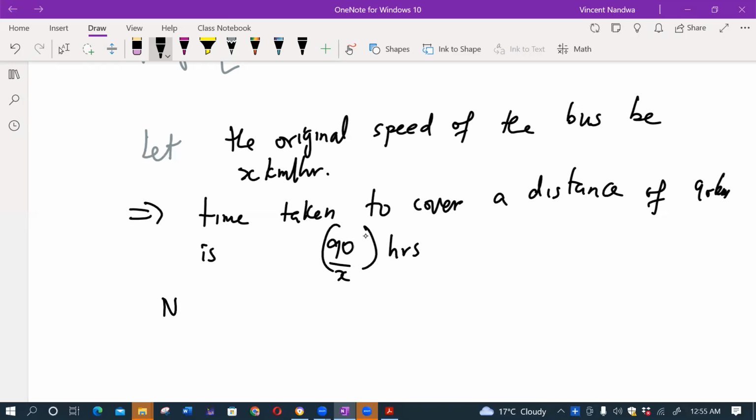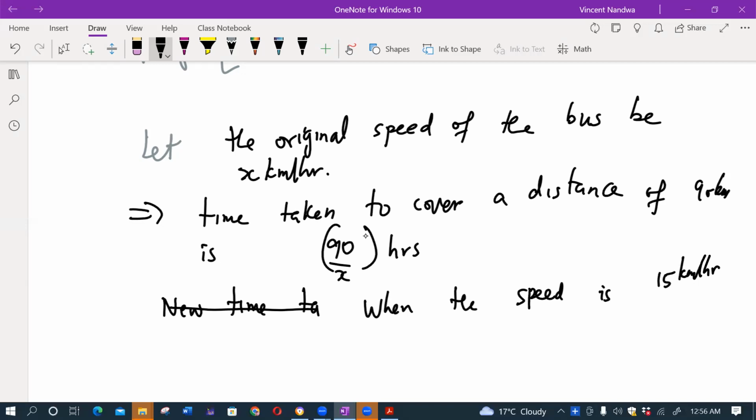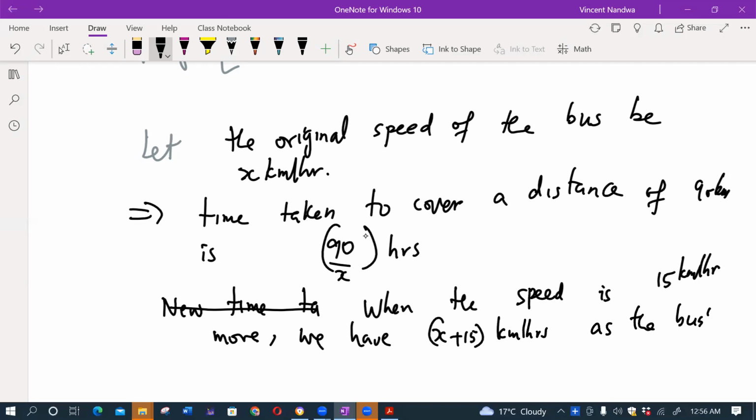But the new time, when the speed is 15 kilometers per hour more, we have x plus 15 kilometers per hour as the bus speed.